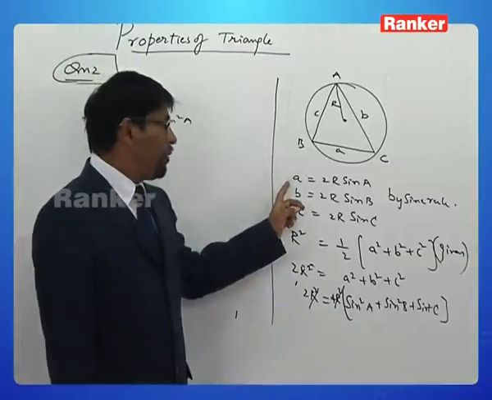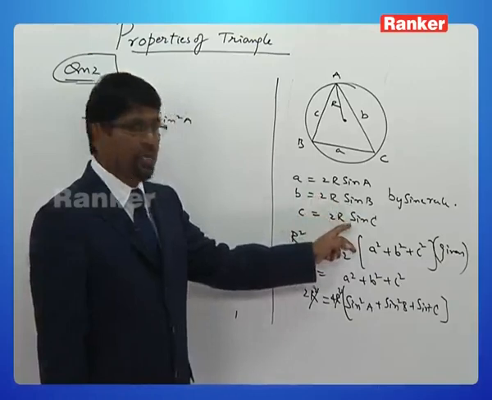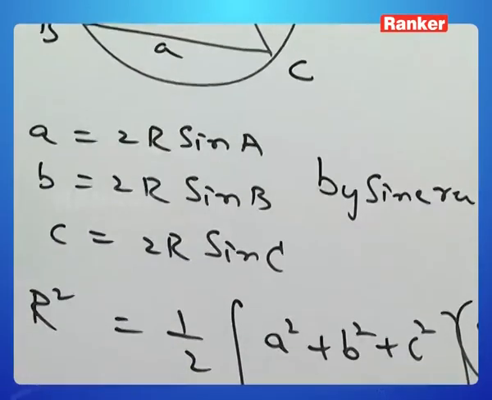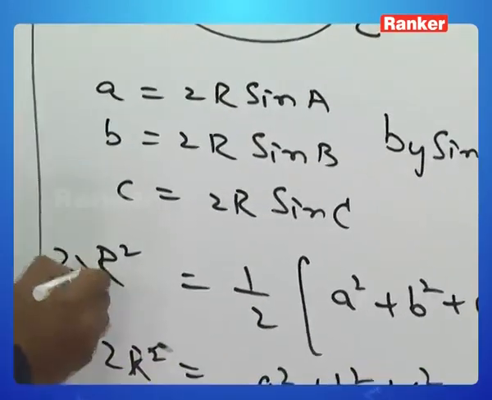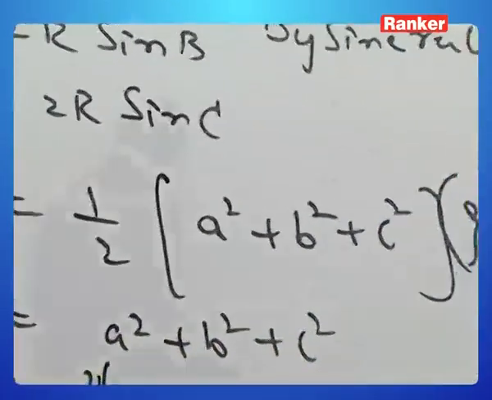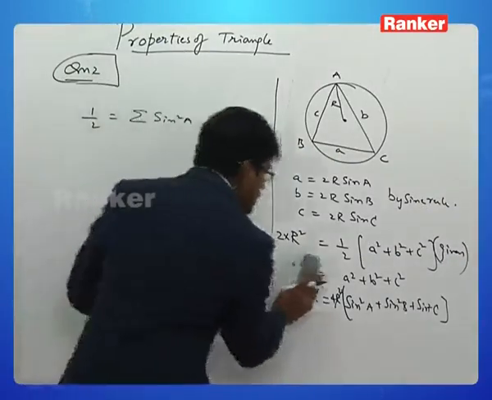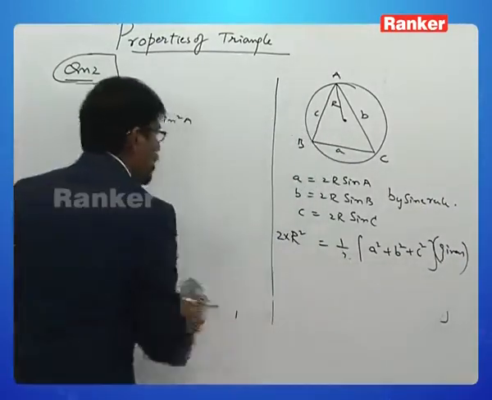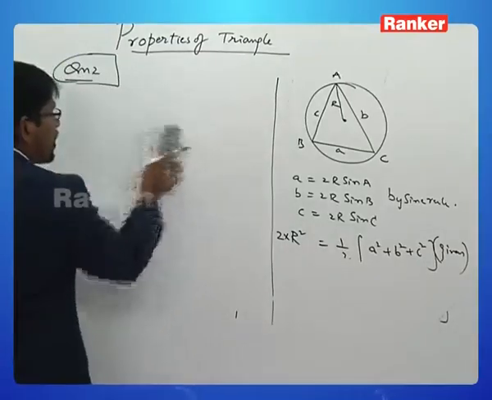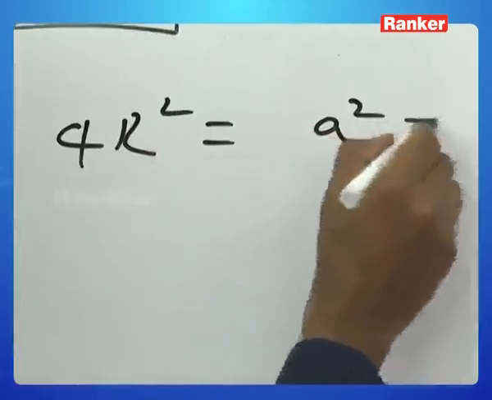Using the sine rule, we have a to be 2R sin A, b to be 2R sin B, c to be 2R sin C. What's given in the problem is 2 into R square is equal to half times a square plus b square plus c square. That gives us 4R square to be equal to a square plus b square plus c square.